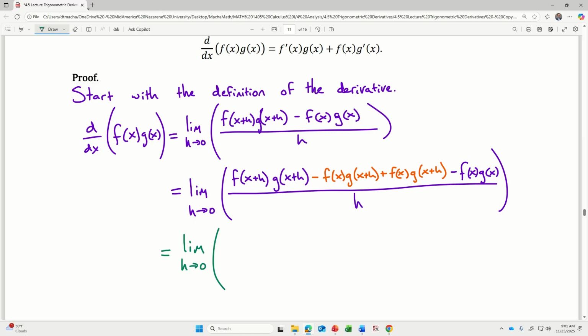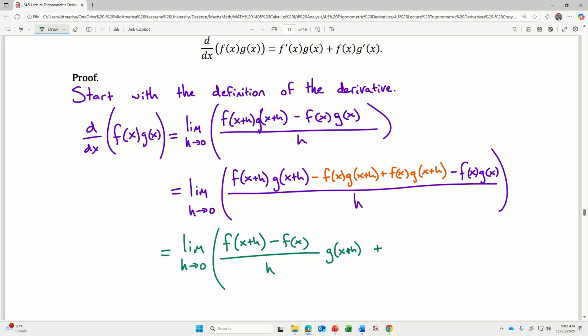Now in the first two terms in the numerator, I'm going to factor out g of x plus h. I'll show you what that looks like. It's going to be like this. And now let's take a look at the last two terms in the numerator.